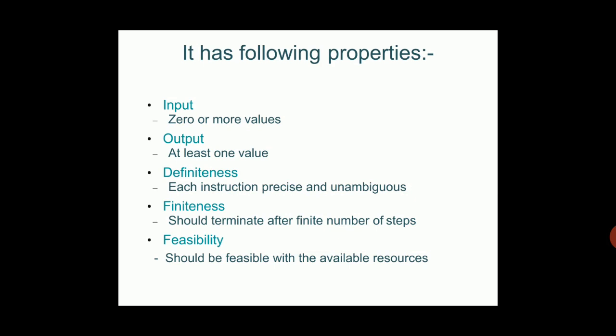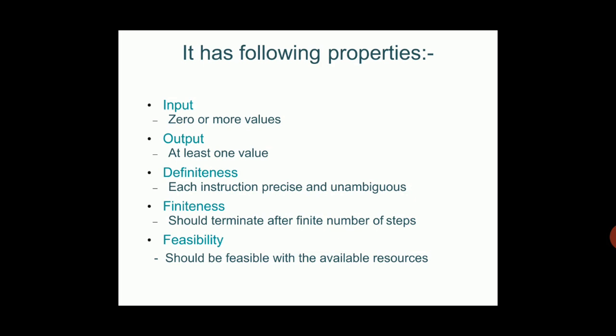That means each step must be such that it can be done by a person using pencil and paper in a finite amount of time. If your system is effective, then in a finite amount of time you will get some output.